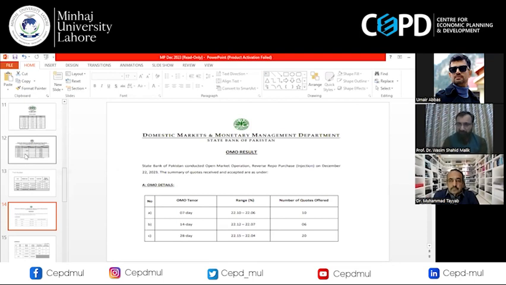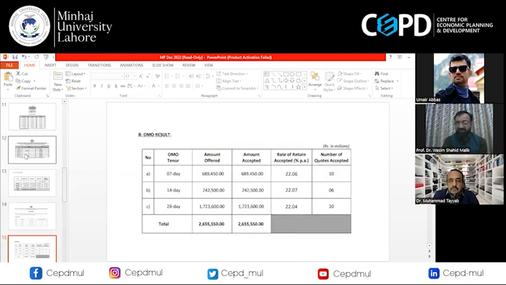So what was the result of this OMO, which was conducted yesterday? There were 3 different types of OMO tenor: 7-day, 14-day, and 28-day. And if you look at the rate of return accepted, that is percent per annum, that is 22.06%, 22.07%, and 22.04%.